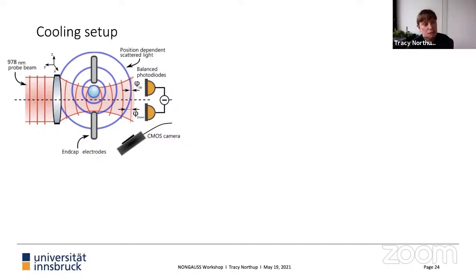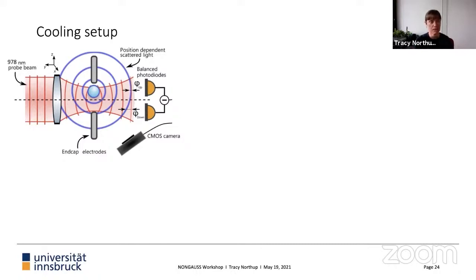And then on the right-hand side, you see some balanced photodiodes, so a pair of photodiodes. So the light that's reaching those photodiodes is from both fields. It's from the original field, part of the field that didn't see the particle, but it's also the position dependent scattered light. So that combined information then allows us to extract the position of the particle.